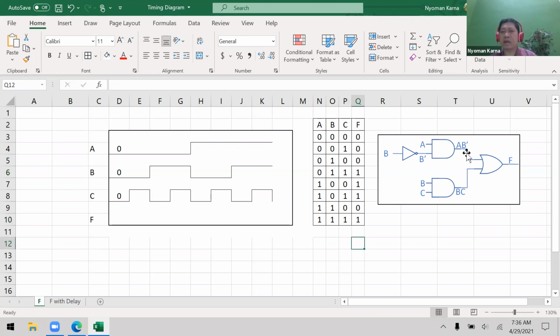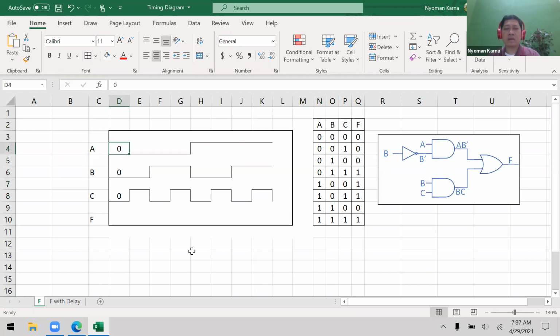And when A is 1 and B is 0, this becomes 1 and also 1. 1 times 1 is 1, and if this one is 1, then the output becomes 1. So when A is 1 and B is 0, the output will become 1.